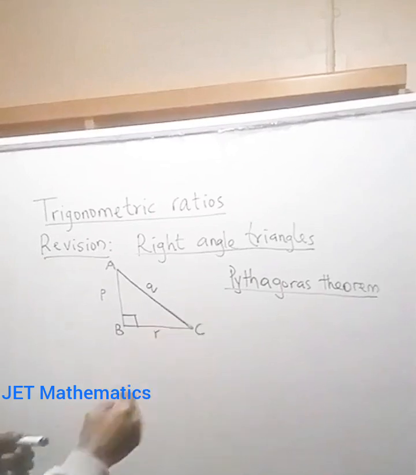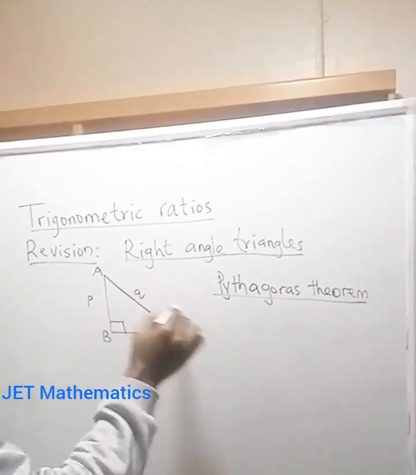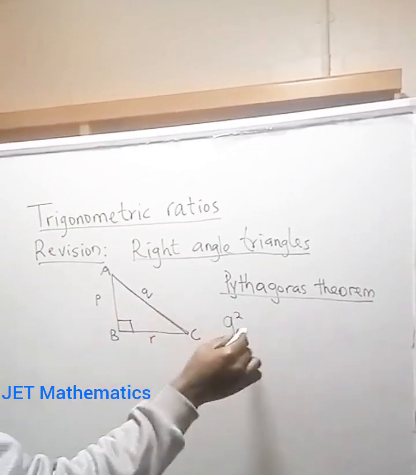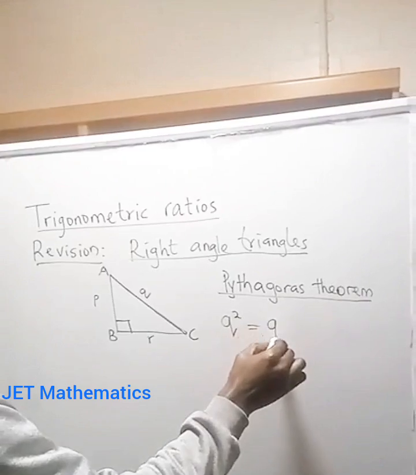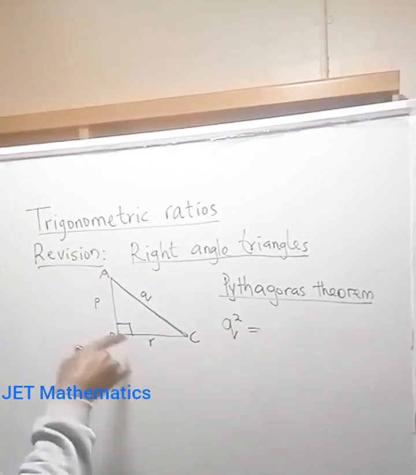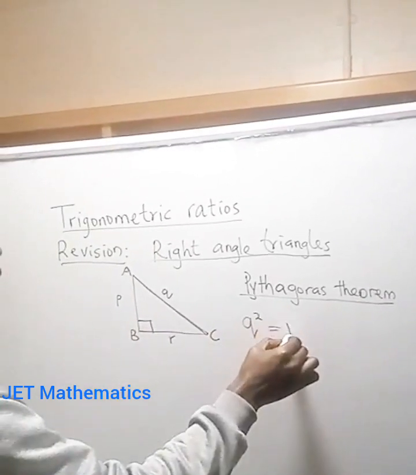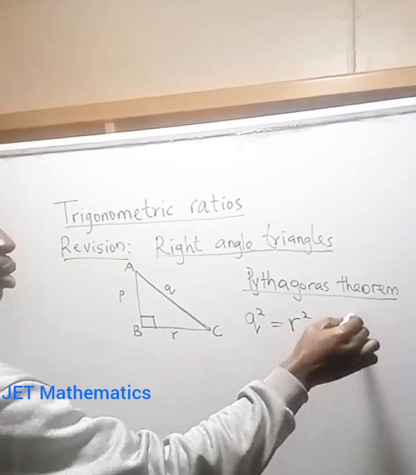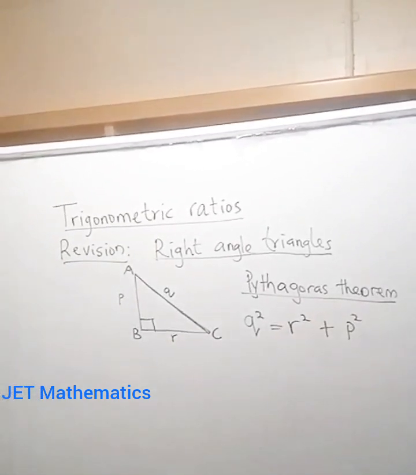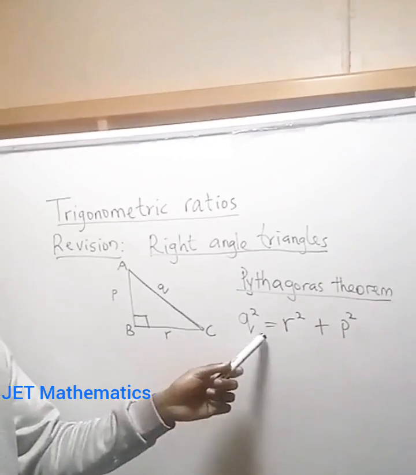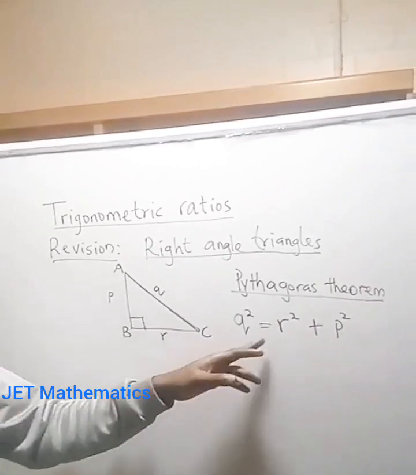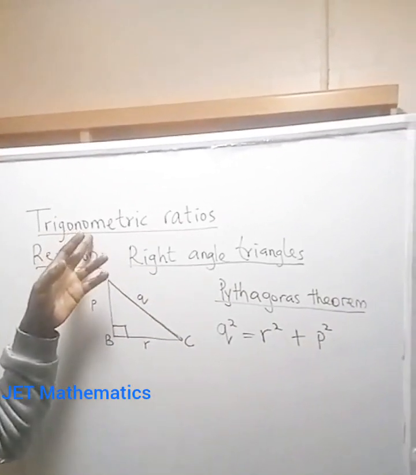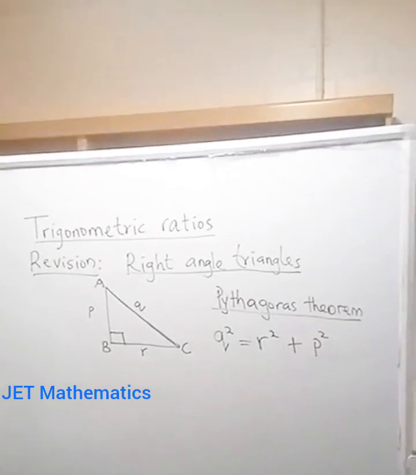So with Pythagoras theorem, we know that the square of the longest side is equal to the sum of the squares of the other two sides. So remember this notation. We'll be using it to solve problems while we work on trig ratios.